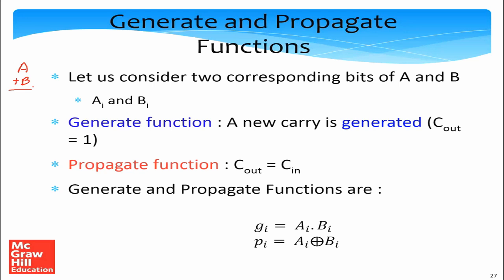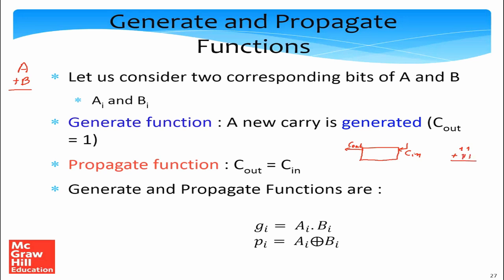On similar lines, let us define a propagate function. Basically if I consider a block of bits, irrespective of the input carry, if we are generating an output carry, we say that the block is generating a carry. For example, let me consider this block 1 1 plus 1 1.